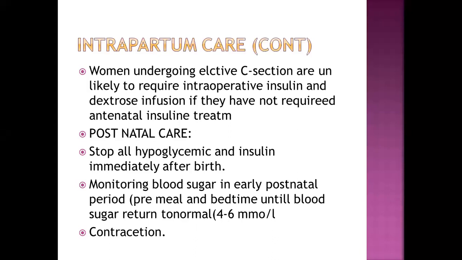What about the postnatal care? Initially stop all the hypoglycemic agents and the insulin as soon as the baby is born, because as soon as the placenta has been removed and the baby is born, there is a 50% reduction in the requirement of the insulin and the hypoglycemic agent.